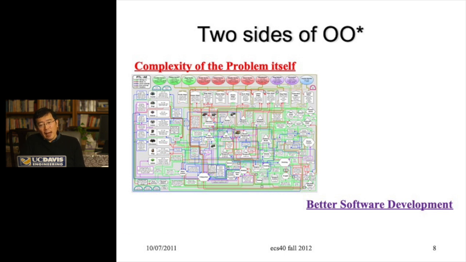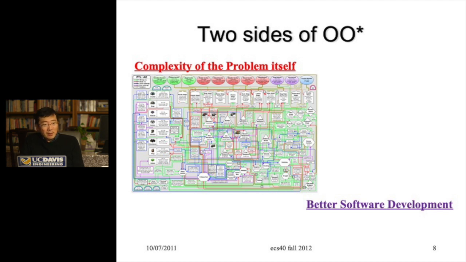But the other side of object-oriented, which I think is equally important and sometimes maybe even more important, is that the complexity of the problem we need to deal with itself needs object-oriented. In fact, the reason I want to bring this up is that better software development talks about how you can develop a programming language convention or skill in order to implement something you already know.